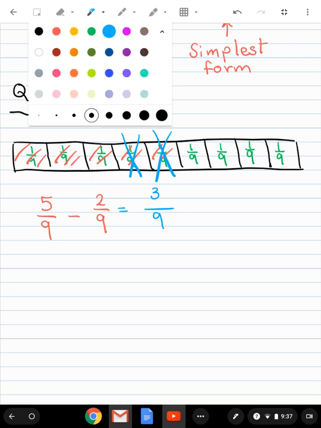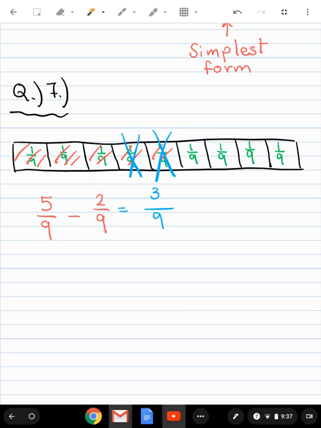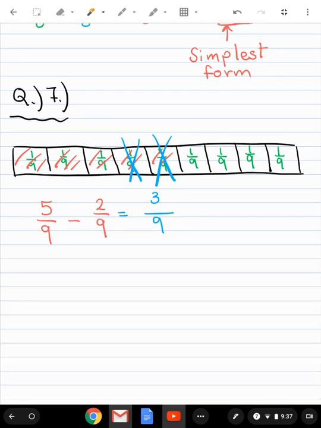Now we will also put the answer in the simplest form. We have 3 and 9. From the division we learned before, we know that 3 and 9 can be divided by 3.